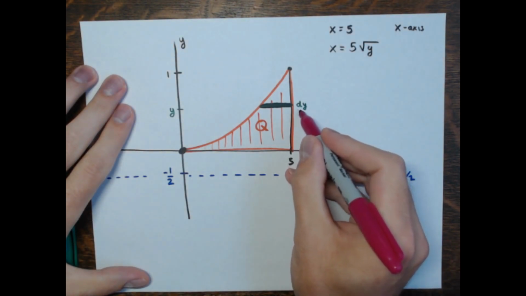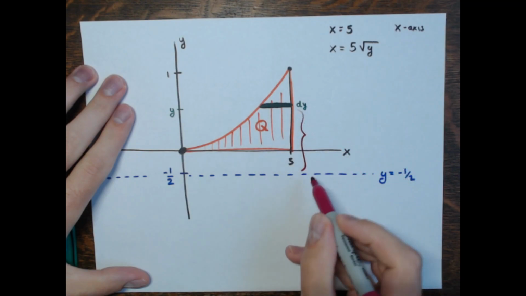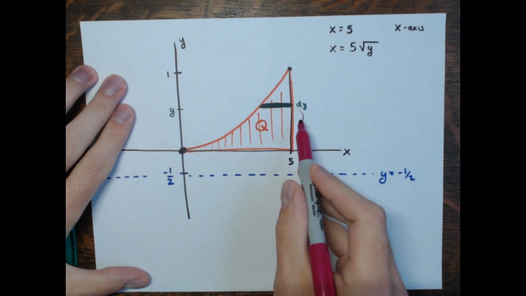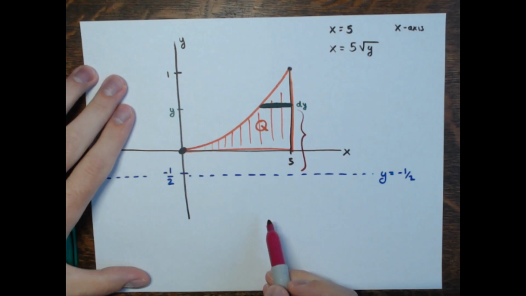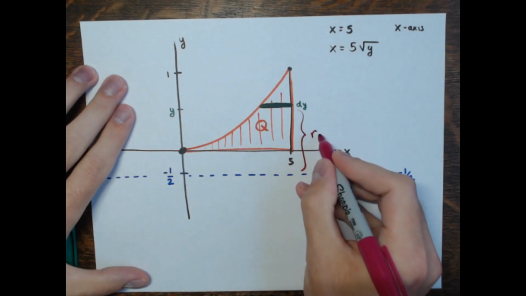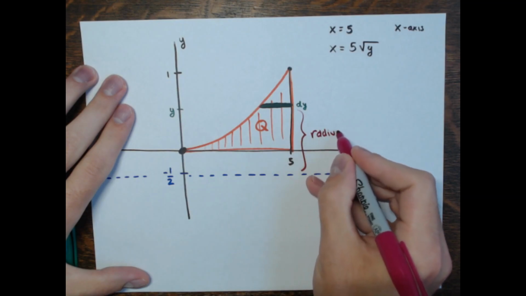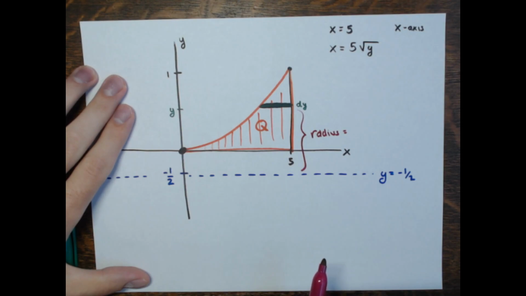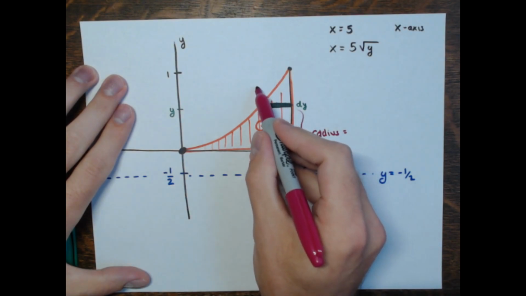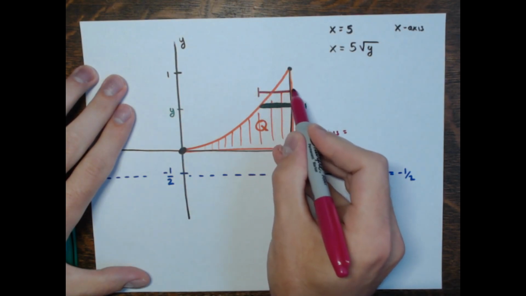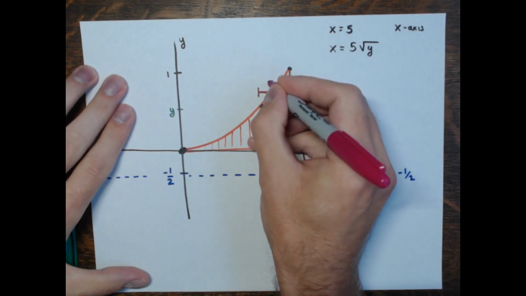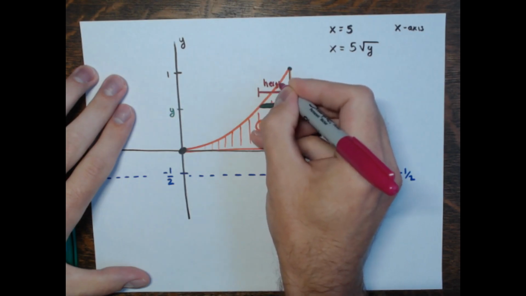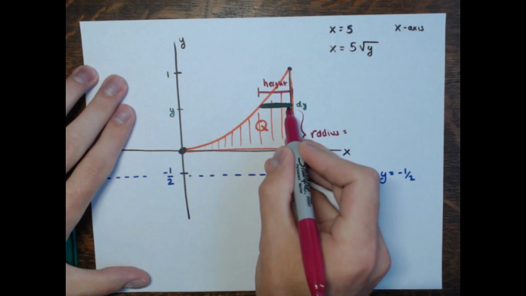The radius of the shell is the distance from the line to the rectangle, to the edge of the paper. I'll get that in terms of y, because I've got dy there. And then the height of the shell is this distance here, the length of the rectangle from here to here.